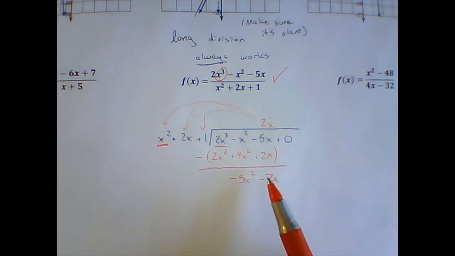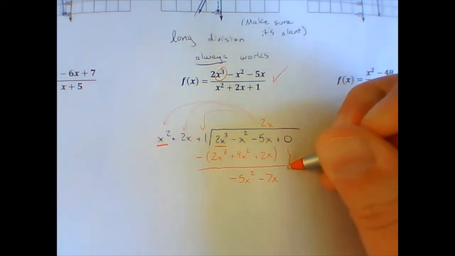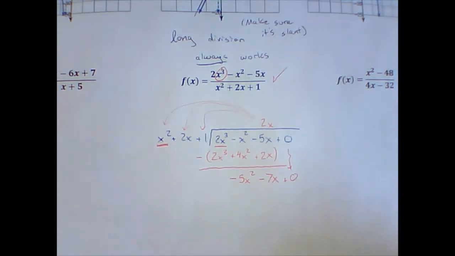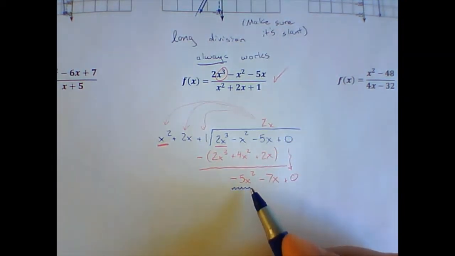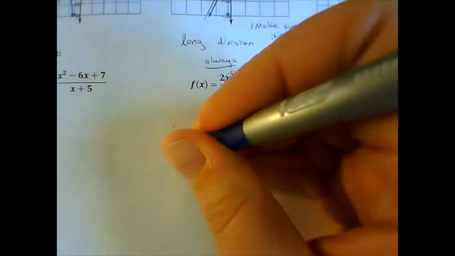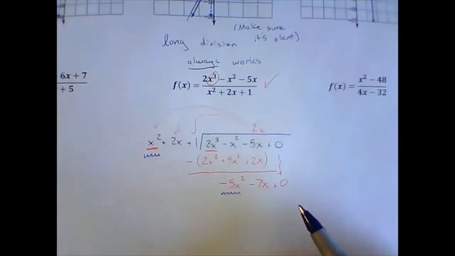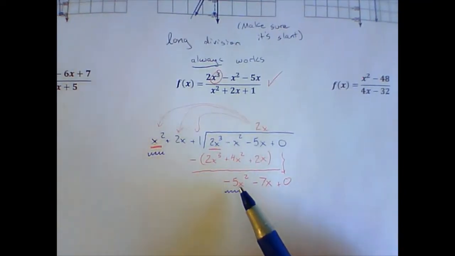Okay, there's 3 terms in the divisor. We kind of want 3 terms to match it, so I'm going to bring down that placeholder, the +0. Okay? And we are back to first terms again. We're going to look at just the first terms. Okay, x squared and this new guy, negative 5x squared. To make them match, well, the x squared already matches.